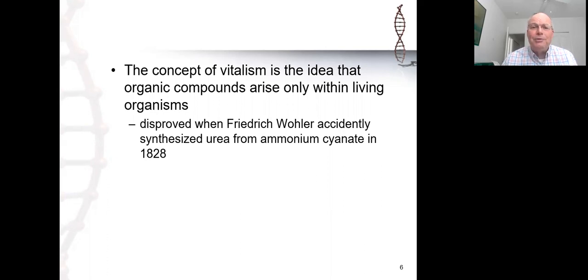And so it was this simple observation of Waller's, this ability to be able to make urea in the absence of organisms by simply mixing together the right combination of chemicals, that turned the whole notion of organic chemistry on its head and opened the door for chemists to start trying to make all kinds of different organic molecules, ones that they already knew from life, but also to start imagining all sorts of new types of organic molecules that didn't exist in organisms, but might have some uses for other purposes.